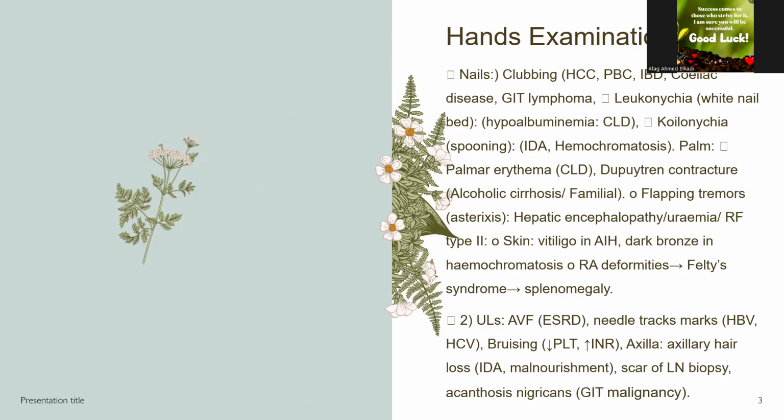Finishing with the nails, we have a look at the palms. In the palms, we look for palmar erythema, which is a sign of chronic liver disease. We look for Dupuytren contracture, which is a sign of alcoholic cirrhosis and could also be familial.